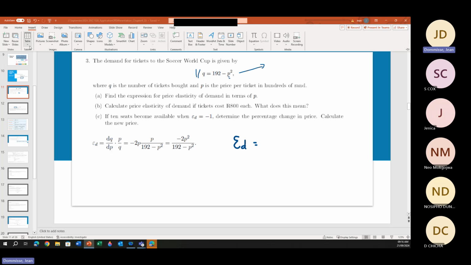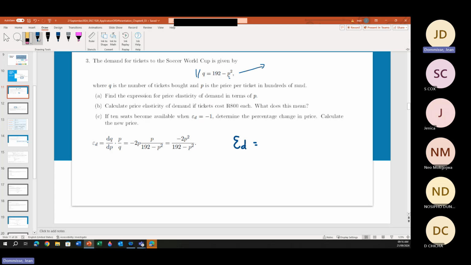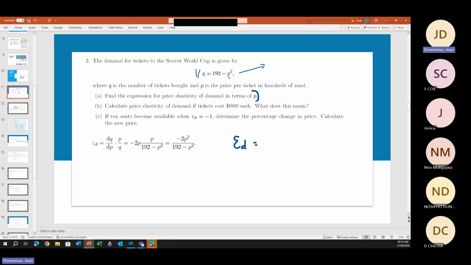And the important thing with this is to remember in terms of P. So if you look at in terms of P, we need to change this formula a bit. So let's make sure that we got this right.